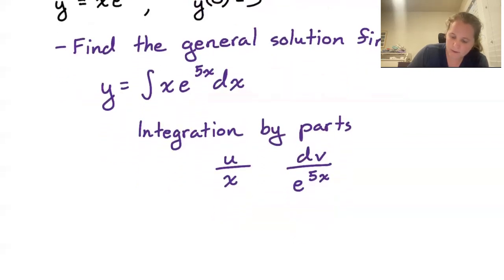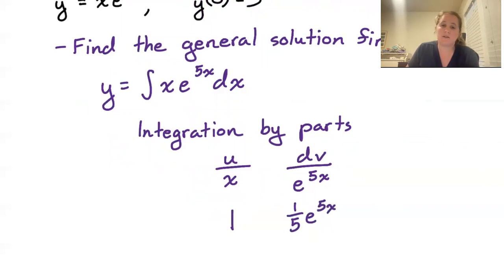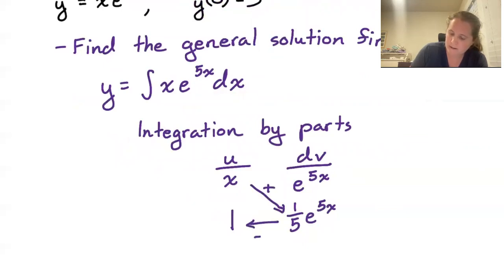Taking the derivative of u, we go to 1. The integral of e to the 5x will be 1/5 e to the 5x, and then basic integration by parts. So as we multiply these two, take the positive version, and then we subtract the integral of these.